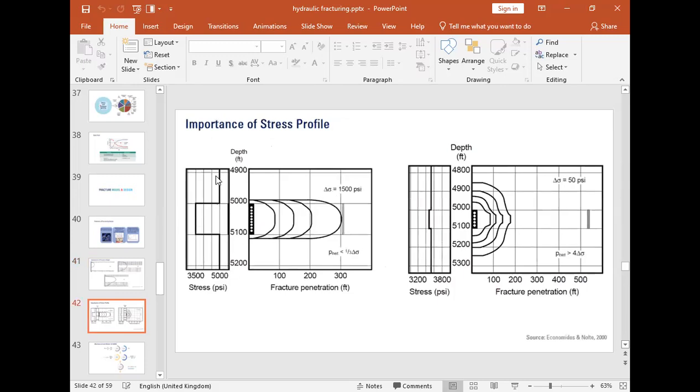If I know the strength of the material above and below, I will inject the fluid with care in such a way that the pressure that I inject does not go beyond the strength of the material above and below it, so that it doesn't fracture that particular area also.